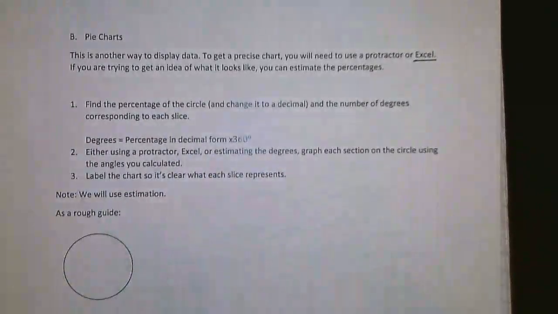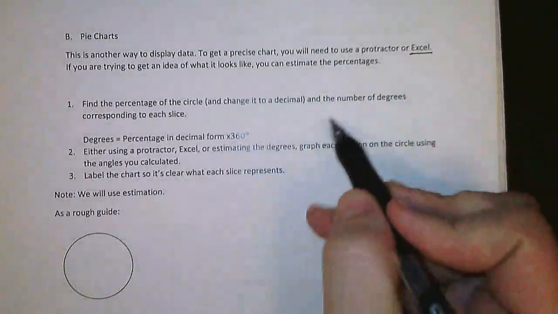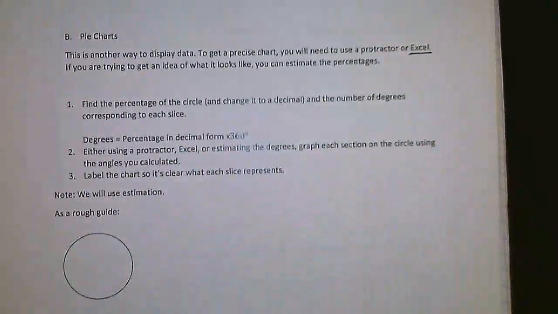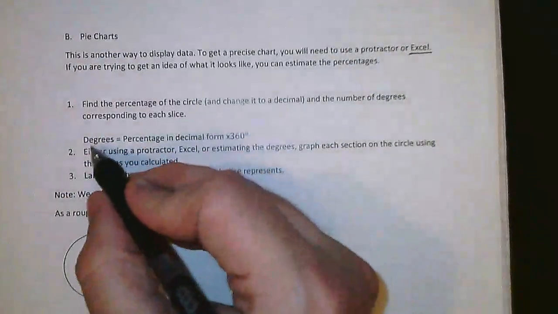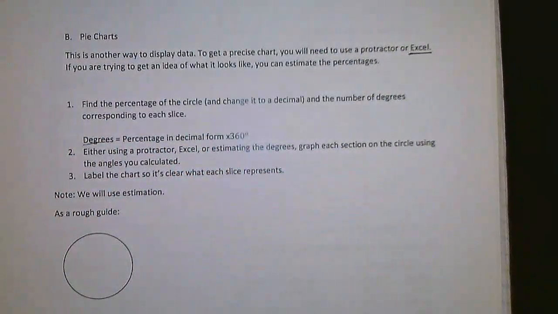So we are going to find the percentage of the circle and change it to a decimal and the number of degrees corresponding to each slice. To find how many degrees each wedge has, take the percentage in decimal and multiply by 360.